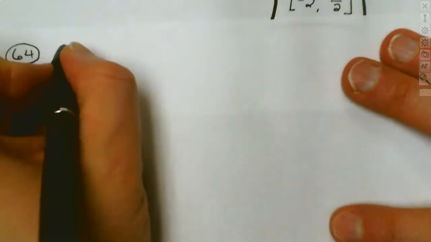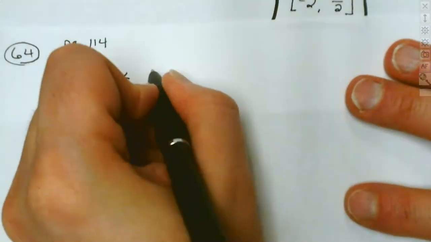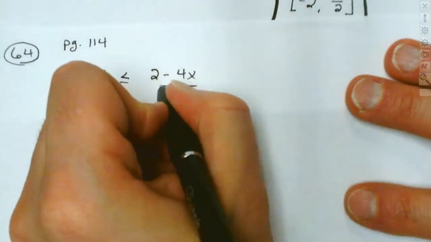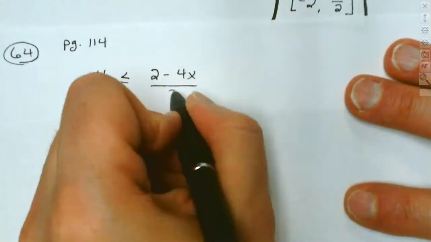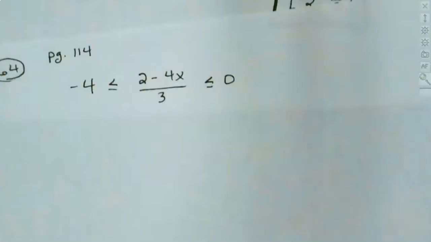So we're going to look now at question 64. We have a minus 4 is less than or equal to 2 minus 4x over 3 is less than or equal to 0. Make sure everything looks right here.